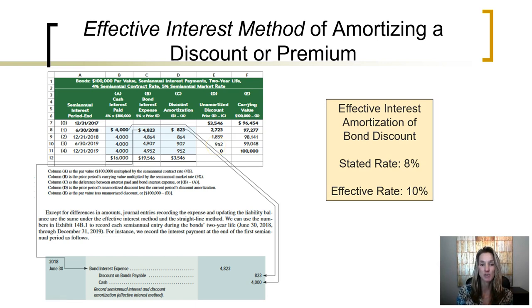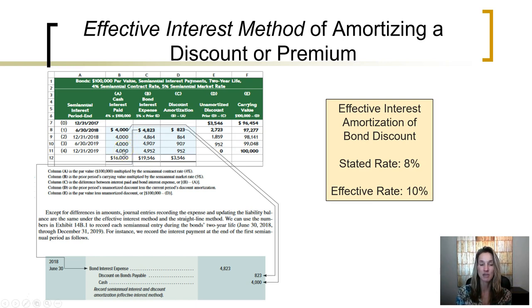The final interest payment at the end of the second year of these bonds' life. Interest expense to record is the current carrying value of $99,048 times half of the market rate, $4,952 of interest to record.